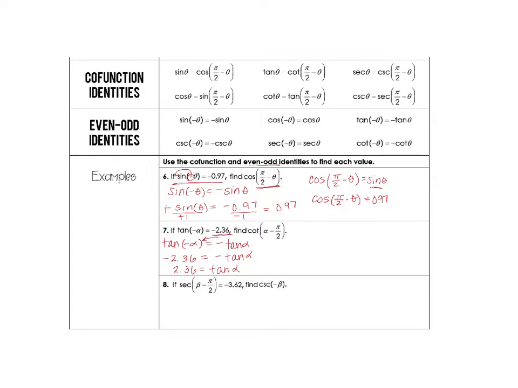Now, I know that's going to be related to cotangent. And so up here, I'm going to rewrite this because we have tangent of theta is equal to, notice this is cotangent of pi over 2 minus theta. So it's backwards to what we are given.